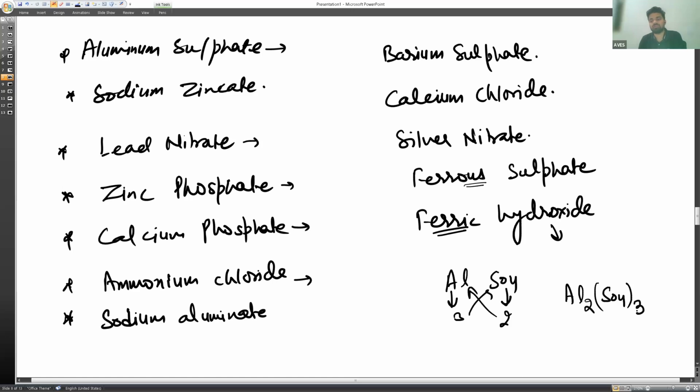So you have to write it in the bracket. SO4 whole thrice. The correct formula is Al2(SO4)3. Okay, got it? Do the other one also.